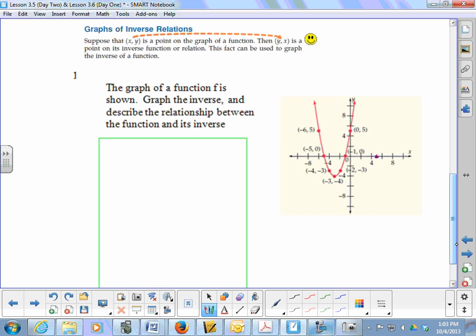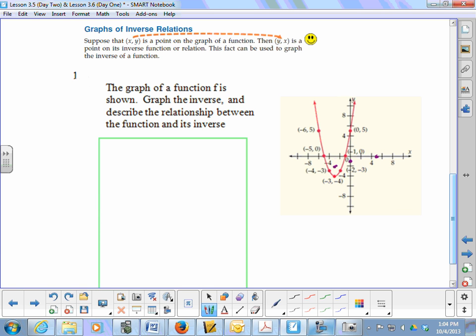So we look at all of them. All right, here we have the point (-1, 0). So the inverse of that is going to be (0, -1). Going around, the point here is (-2, -3). So I switch them. It becomes (-3, -2). And we just take each point and change them.